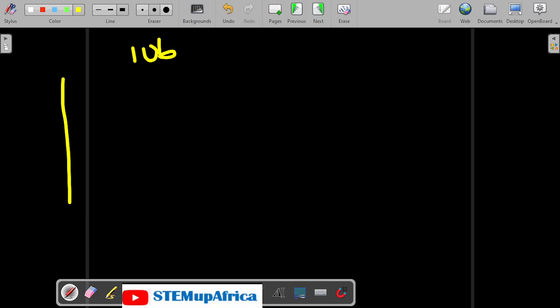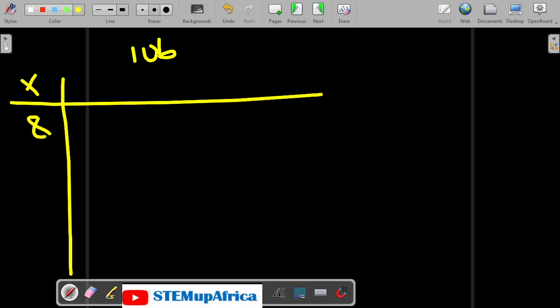If I arrange, I will start with my class mark, which is my x. I'll start with 8. After 8, the next smallest number is 10, followed by 11, then 12, then we have 14, and ultimately we have 15.